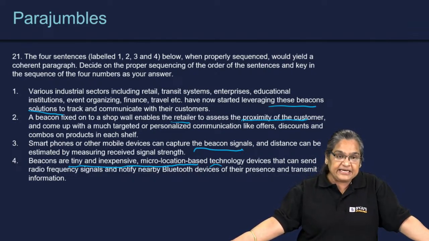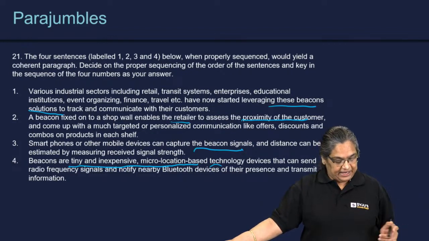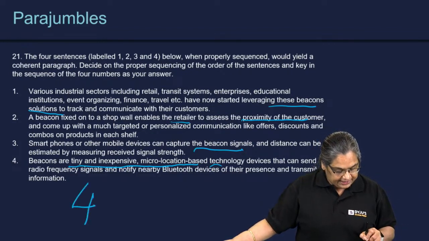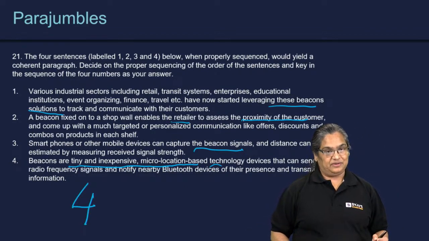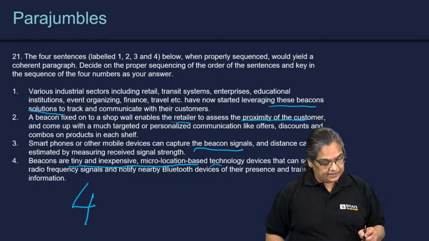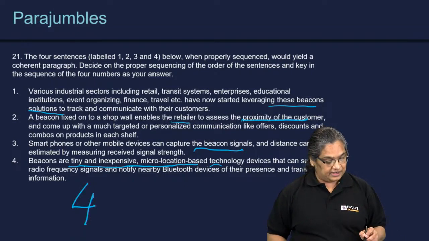You've got a very easy starting sentence which introduces the topic, and then others. All right. Beacons are tiny and inexpensive micro-location based technology. Okay, then next one, okay, series 3 has got it right.